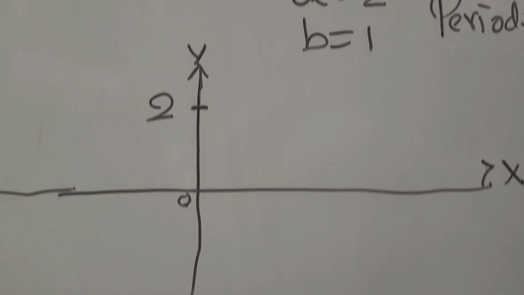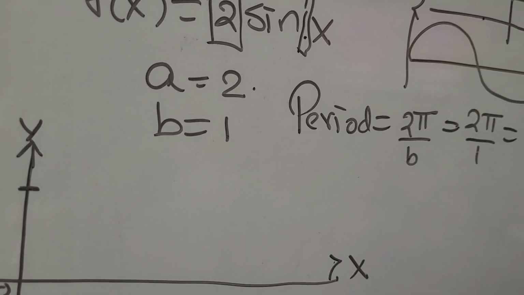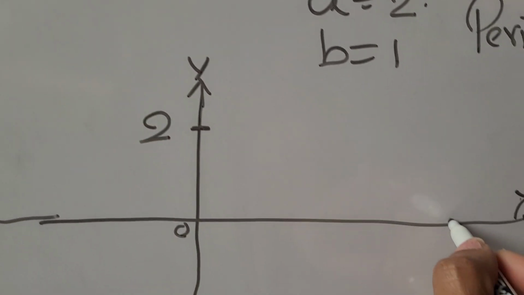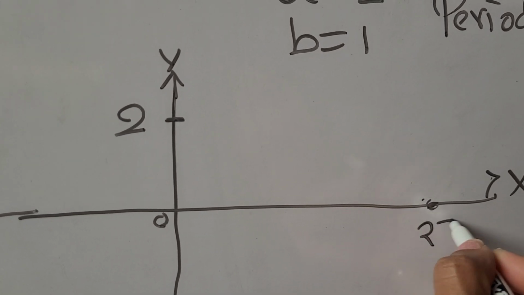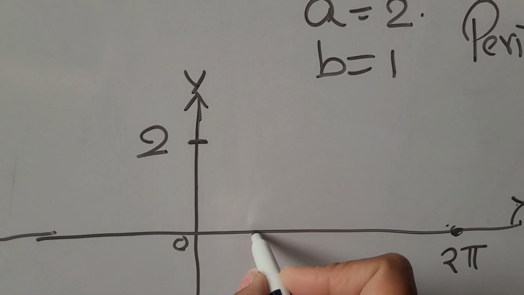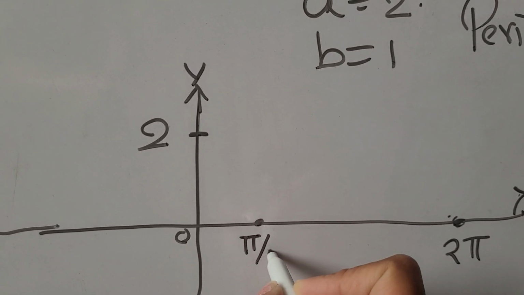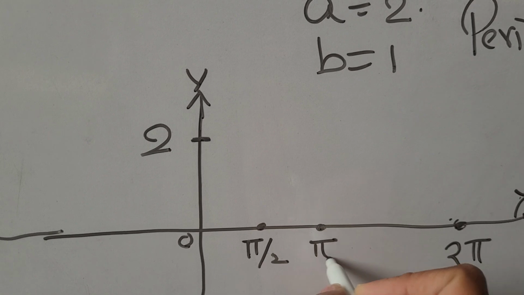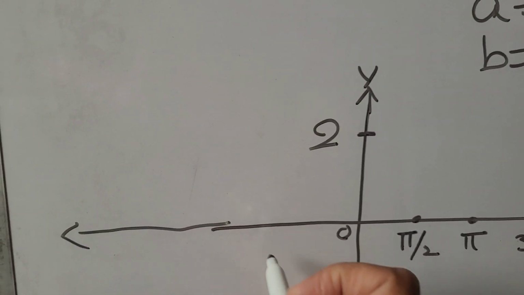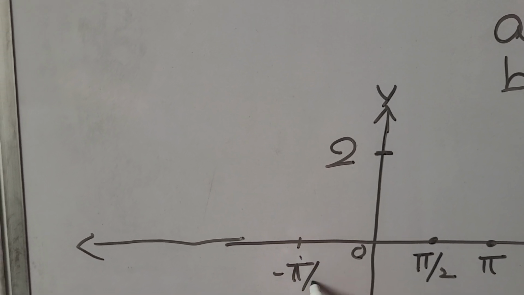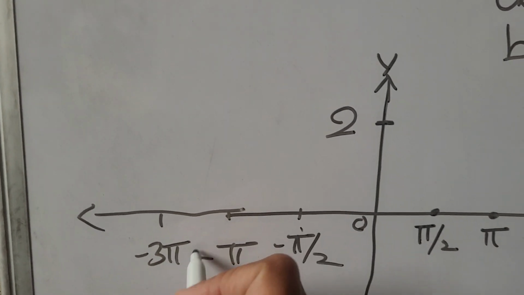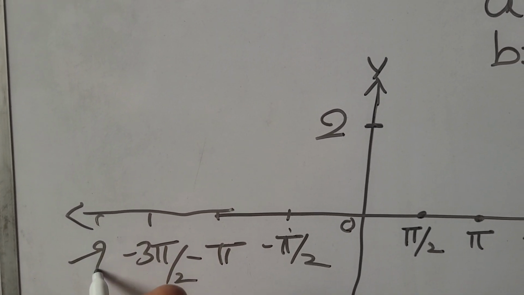As you can see, the period that we got here is 2 pi, so I'm going to mark 2 pi here, and divide it into 4 parts, where this is pi by 2, this is pi, this is 3 pi by 2, and on the negative x-axis it is minus pi by 2, minus pi, minus 3 pi by 2, and minus 2 pi.